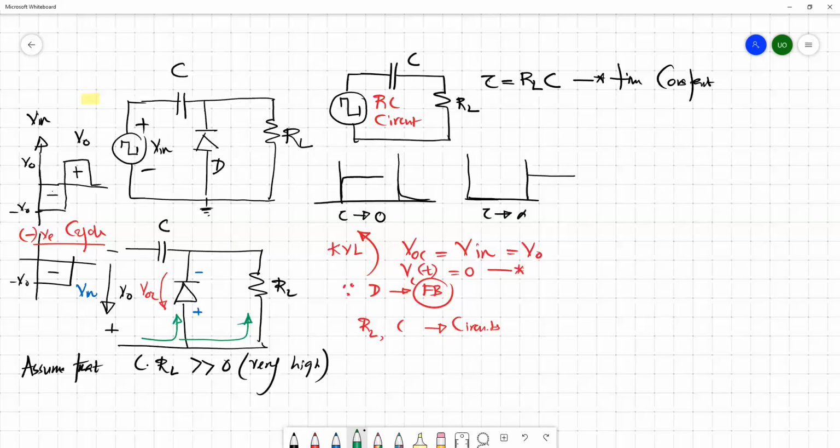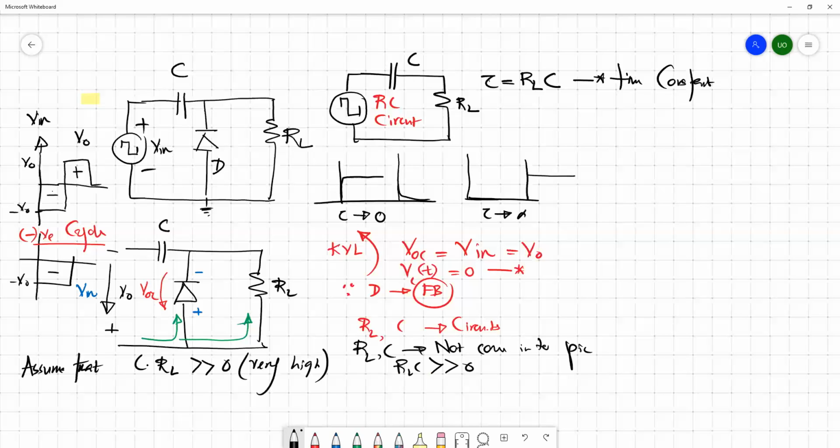We know that if it is an ideal diode, once we make this diode forward biased, it simply acts as a short circuit element. Short circuit element means zero resistive path. So during this negative cycle, the RLC circuit does not come into the picture because the RC product is very high.